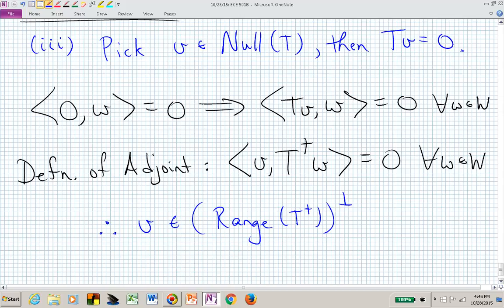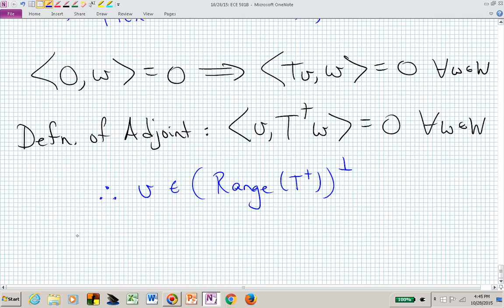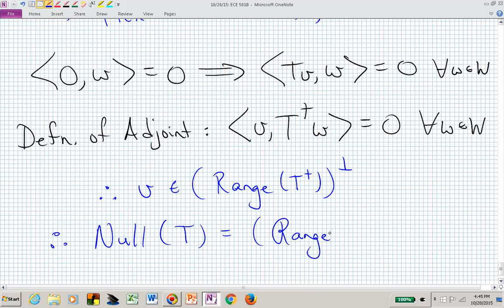But V started out being in the null space of T, and we've now shown the equivalence of the null space of T and the orthogonal complement of the range of T dagger.